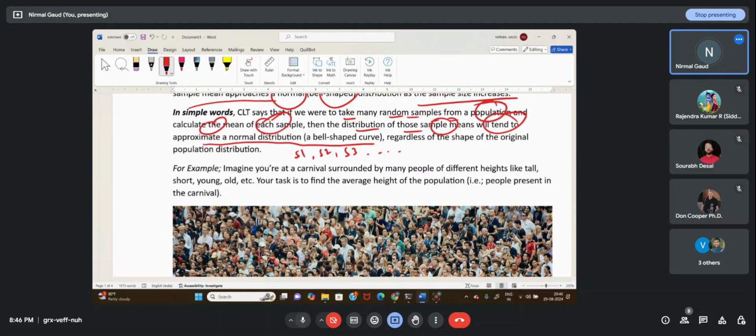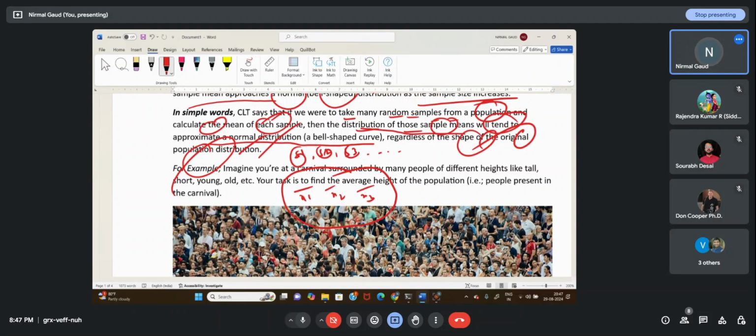For sample 1 you have x1 bar, sample 2 you have x2 bar, sample 3 you have x3 bar. These are the means of the samples. And it's saying that if you make the distribution of the means, that will behave as a normal distribution regardless of the shape of the original data.